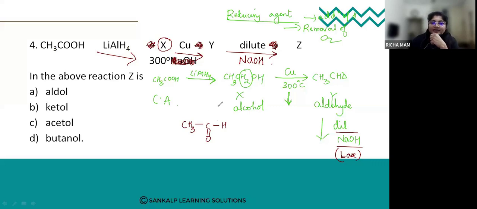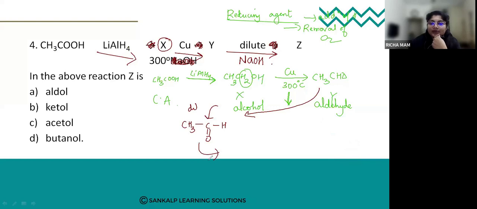When I treat this with dilute NaOH, what will happen? There will be formation of CH3CHOH and CH2CHO. So this is the product obtained.